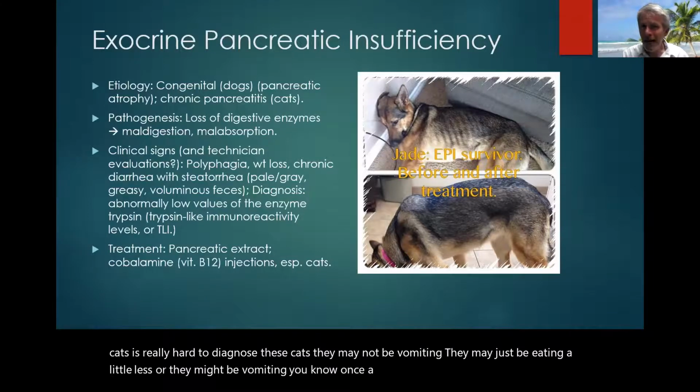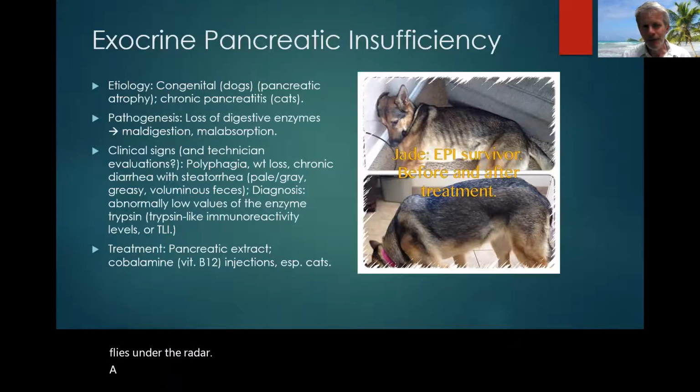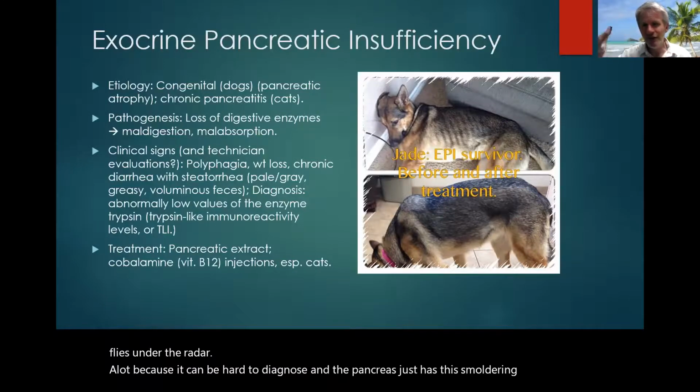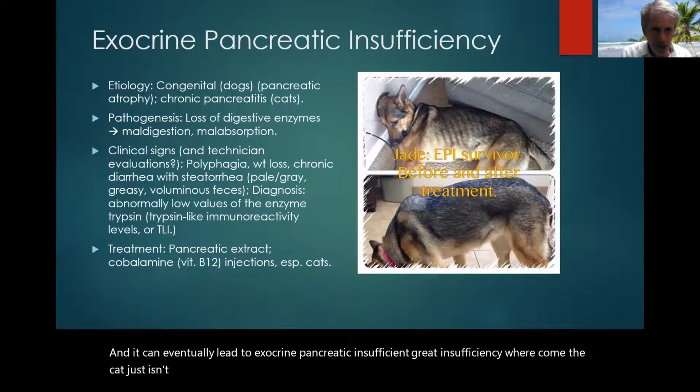So chronic pancreatitis probably flies under the radar a lot, because it can be hard to diagnose. And the pancreas just has this smoldering inflammation, and it can eventually lead to exocrine pancreatic insufficiency, where the cat just isn't making the enzymes anymore.